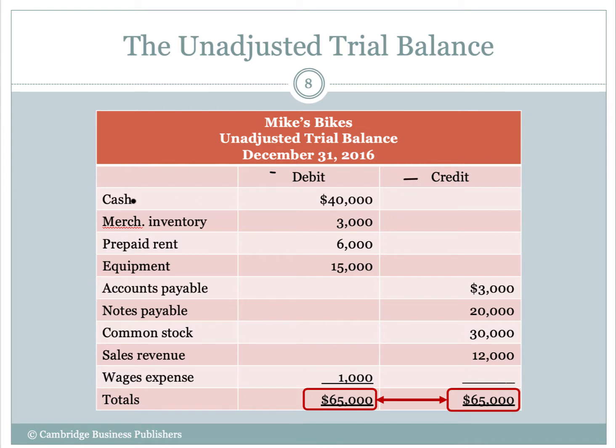So we go through and we list all the accounts that are in our accounting records: cash, merchandise inventory, prepaid rent. We haven't seen that yet. We'll talk about it when we get into adjustments. Equipment, accounts payable, notes payable, common stock, sales revenue, expenses. So we list all our accounts and their balances.